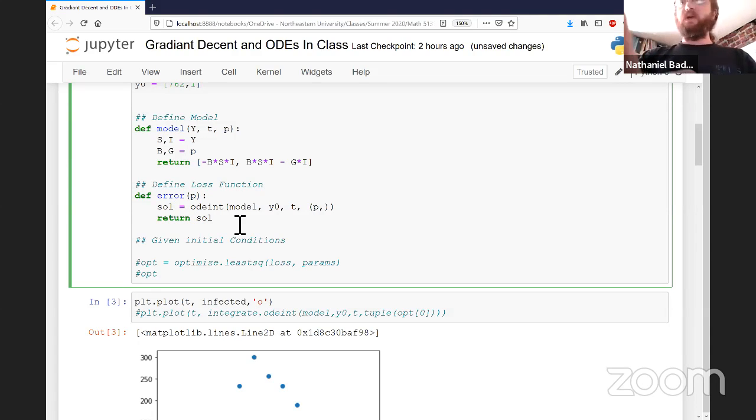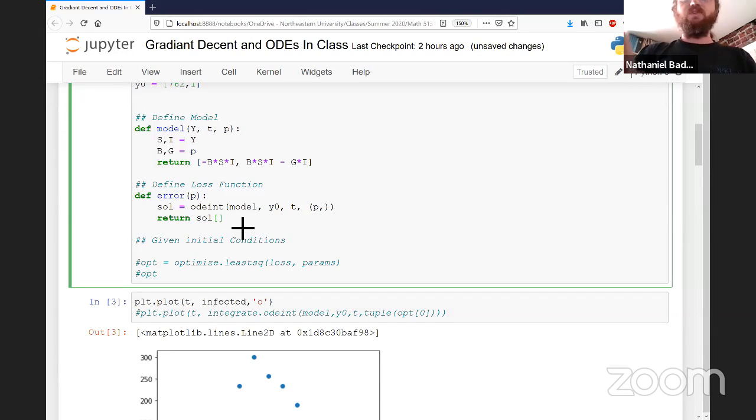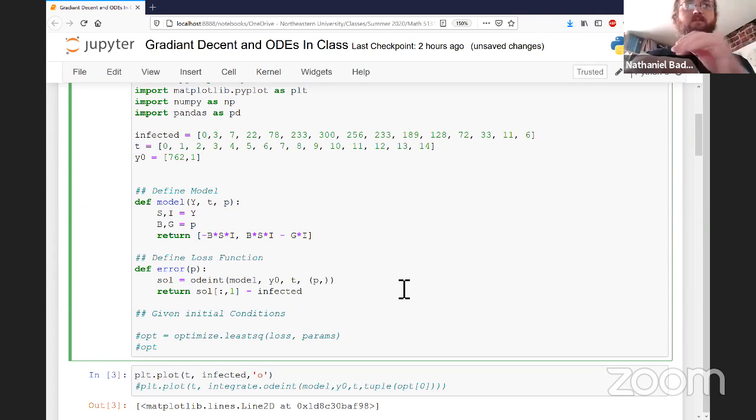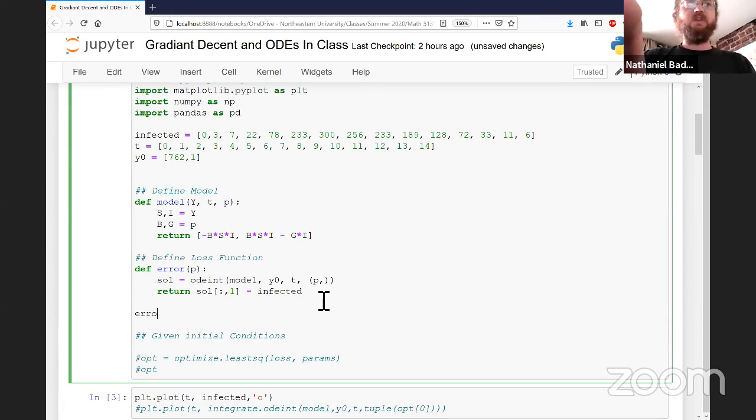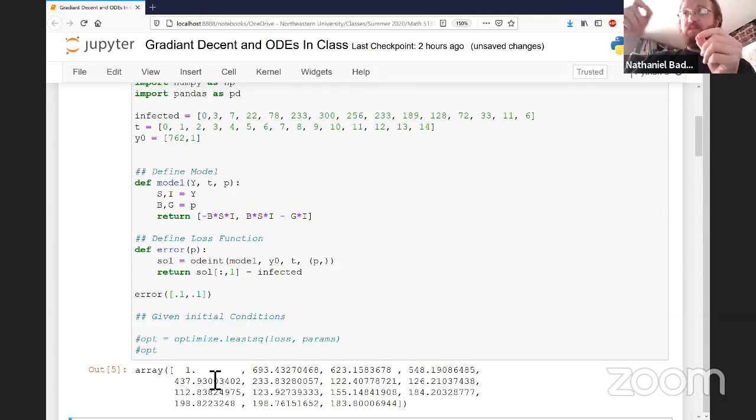Instead of returning the solution, we're just going to return the part of the solution which is the infected data, which is the second column. The first is the susceptible, the second is the infected, and we want the difference between that and the actual infected. We should get that, and we can test this really fast. Let's just check error, and we'll feed it in some initial p-values. I don't know, 0.1, 0.1. And here we go. So we get the errors in each estimate.